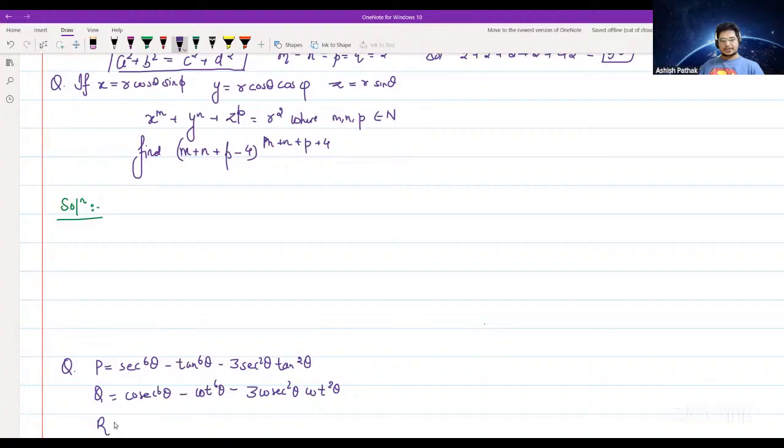And if I write R, that is equal to sin to the power 6 theta plus cos to the power 6 theta plus 3 sin square theta cos square theta.